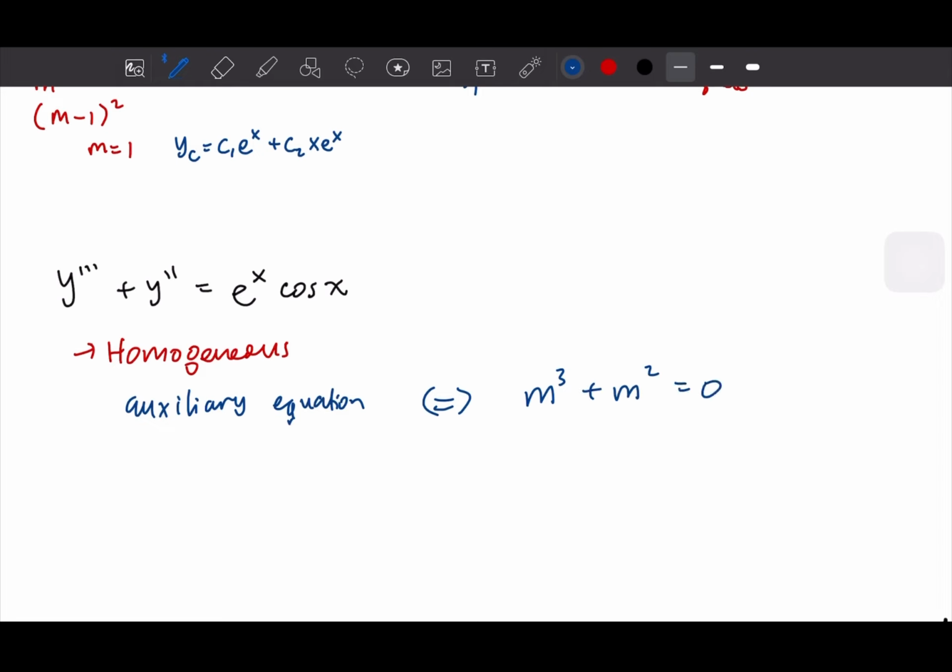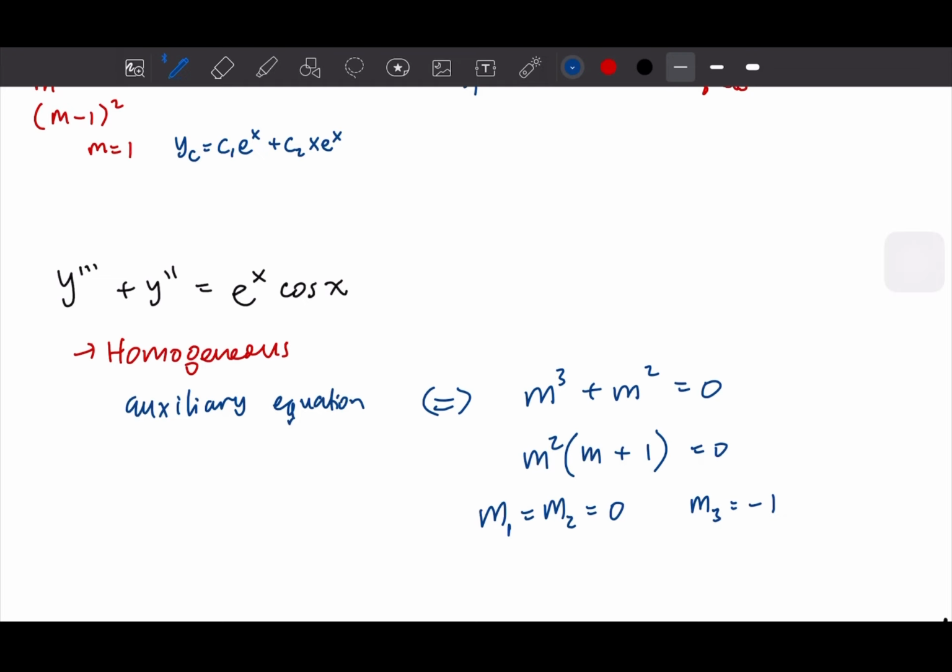And then we know that this is m squared times m plus 1. So m1 equal to m2 equal to 0 and m3 is equal to negative 1.